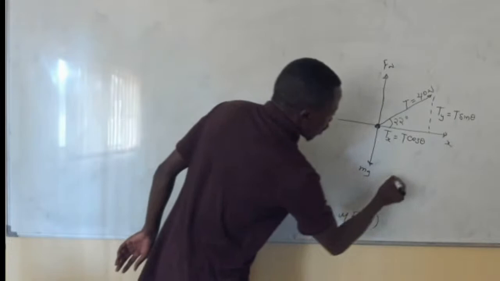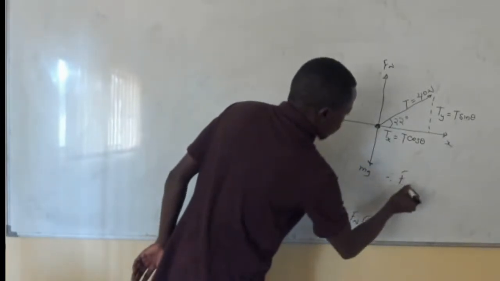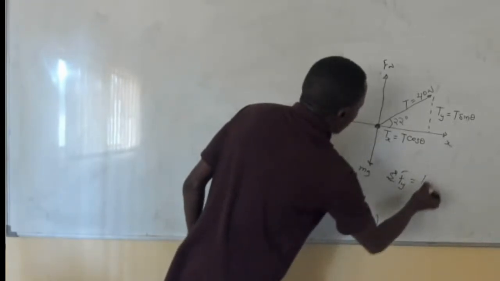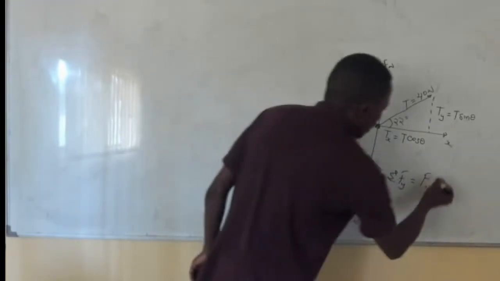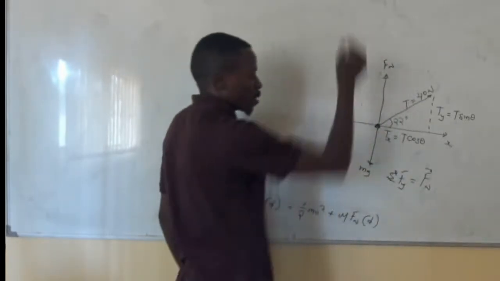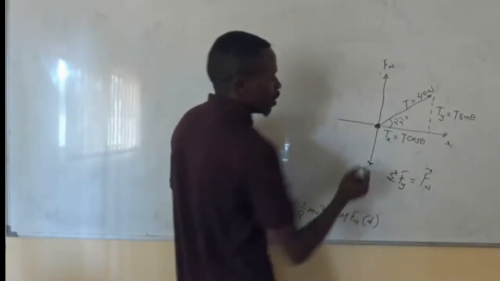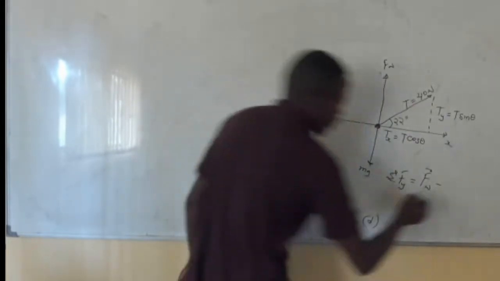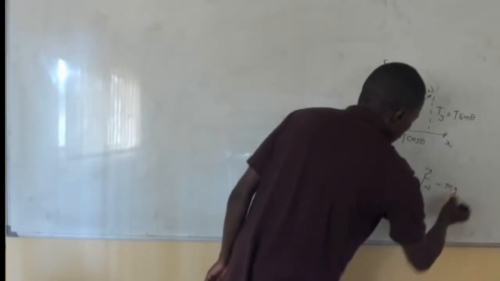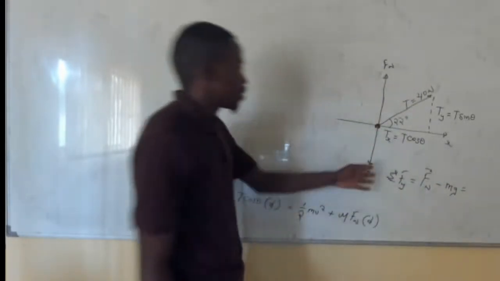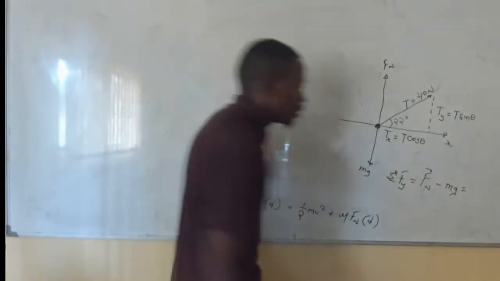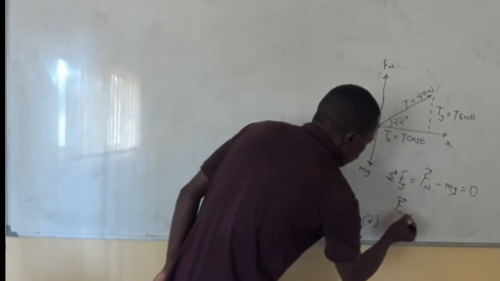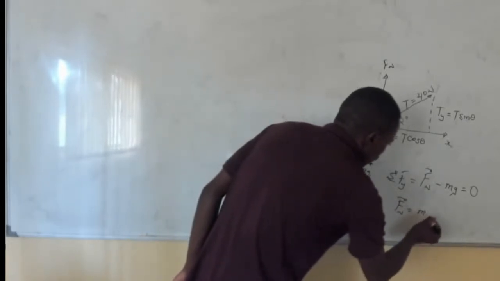Therefore, the summation of forces in the y should give us the normal force, which is acting upwards, because we are taking upwards to be positive, minus mg, which is the weight, taking downwards to be negative. Since this thing is not accelerating in the y direction, this should give us 0. Therefore, the normal force in this case is just given by mg.